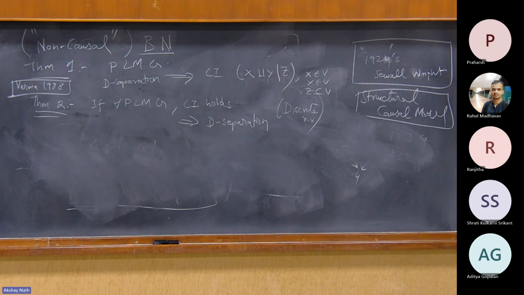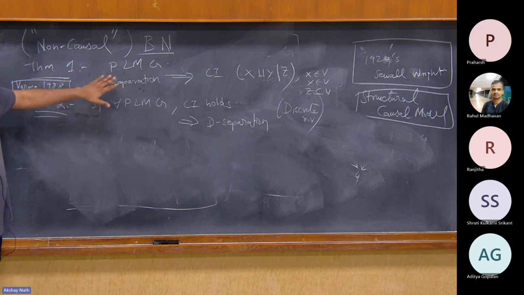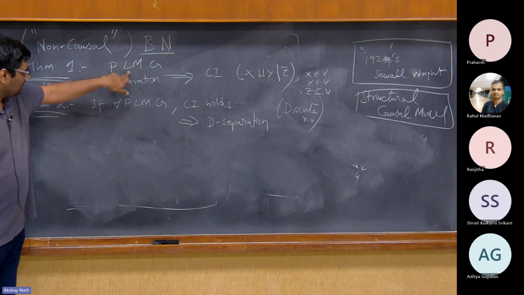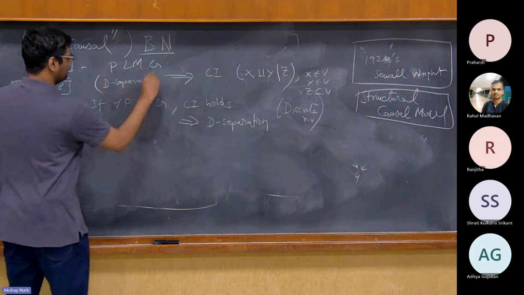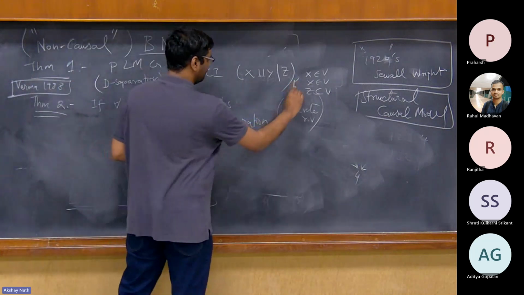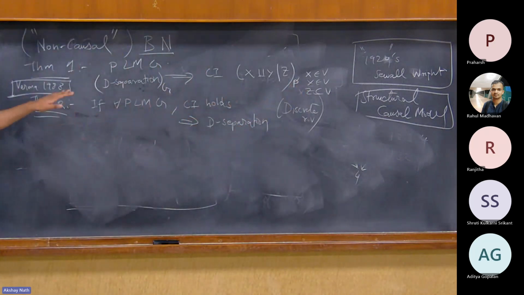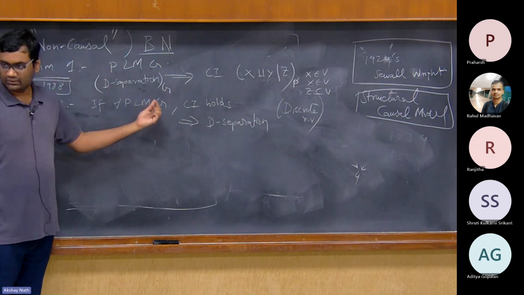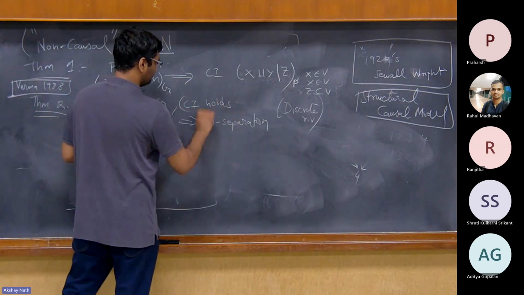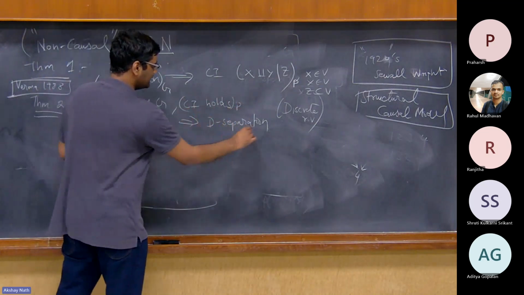Just trying to understand theorem one. It says that for all P that satisfy a particular G... No, there exists a P that is locally Markov with a specific G. If d-separation holds with respect to G, then this holds with respect to P. But for the second, for all P that are locally Markov with respect to a specific G, if CI holds for all P in this family, then d-separation is implied.